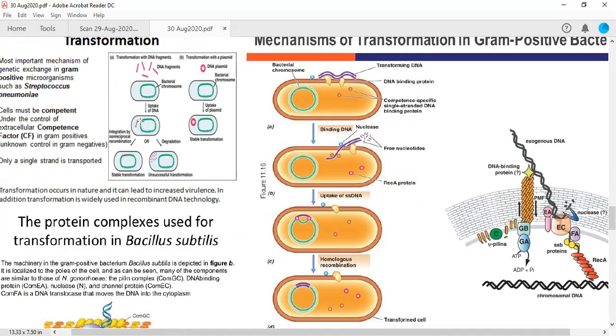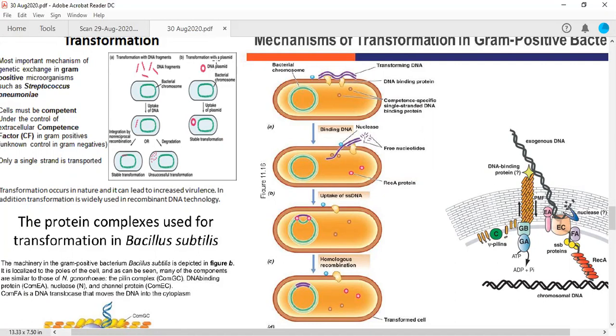When they are uptaken by the bacterial cell, either they will integrate, which is called stable transformation, meaning they will be integrated into the bacterial chromosome and become a part of it, or otherwise they will be degraded. And the transformation can involve both DNA fragments or complete plasmids. Plasmids are extrachromosomal material which are present in bacteria and also in some eukaryotes, right?